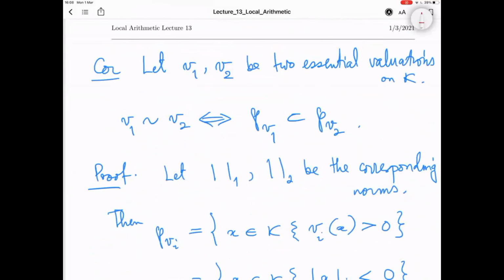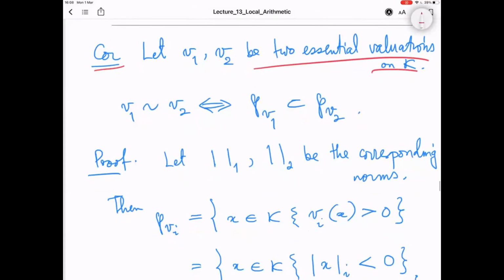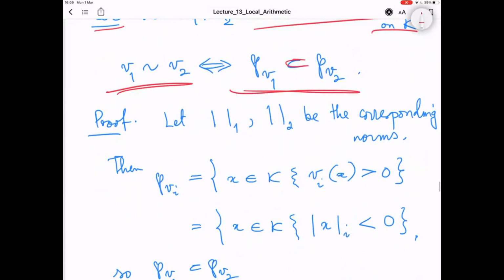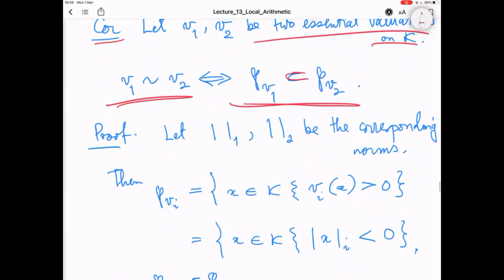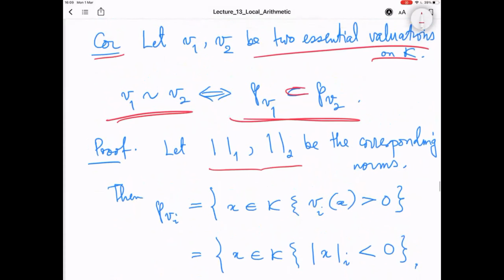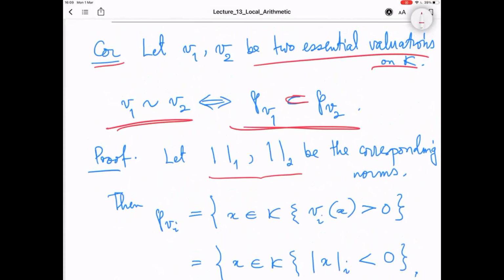So now the corollary is that if I have two essential valuations on the same field k, then they're equivalent if and only if there's an inclusion of these maximal ideals. By the way, you cannot simply say that both of them are maximal ideals, but one is containing the other, so they have to be equal.